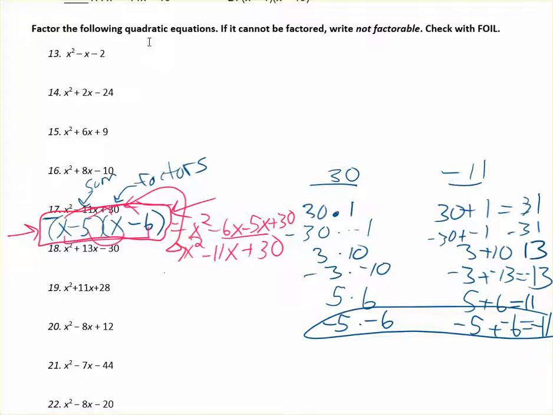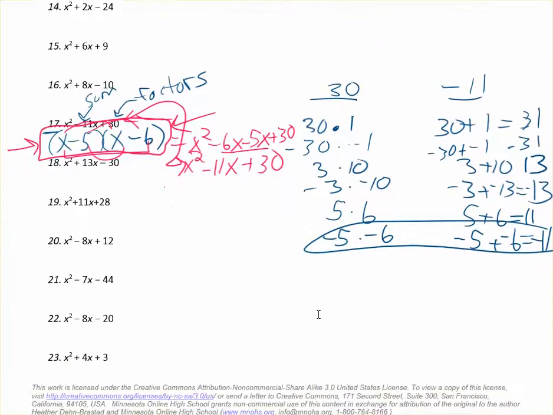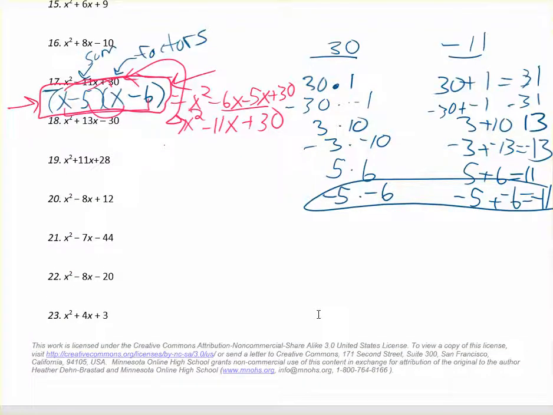So I see that I did 2 that had a negative in the middle. Let's do one that has a negative at the end. How about number 21? All right, in 21, I need the factors of negative 44 that add up to negative 7. 44 is 4 times 11.